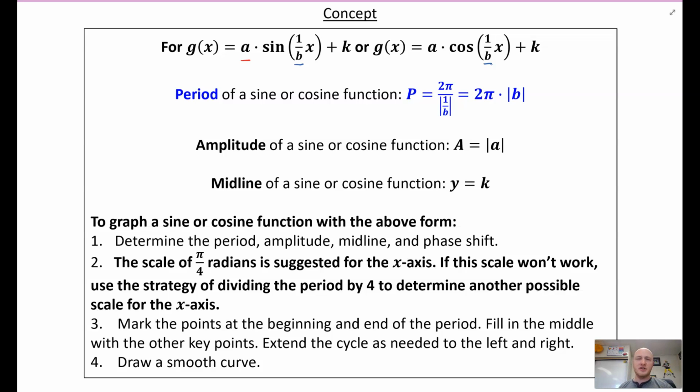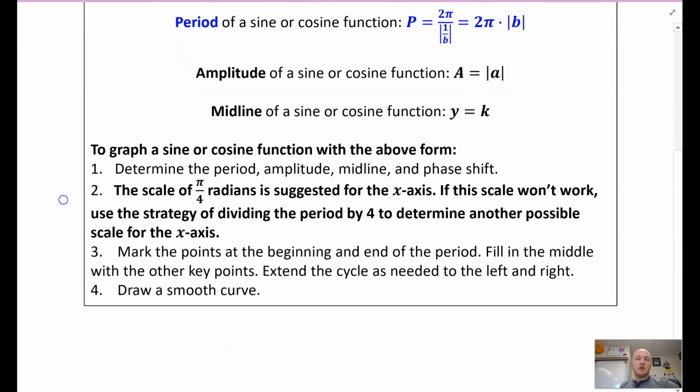We'll illustrate this in a second. But up until now, the coefficient of our argument has always been 1. We're going to change that, which will adjust our period. And then lastly, we have our parameter k, which affects the midline. That's a vertical shift.